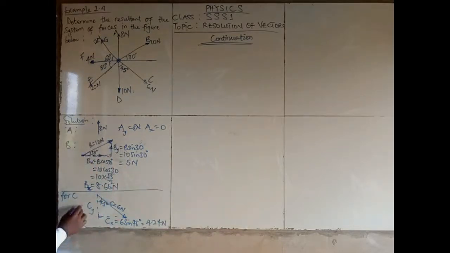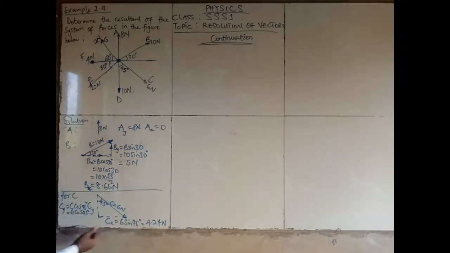Similarly, your CY would be equal to C cos 45 degrees, and that's going to be 6 cos 45 degrees.